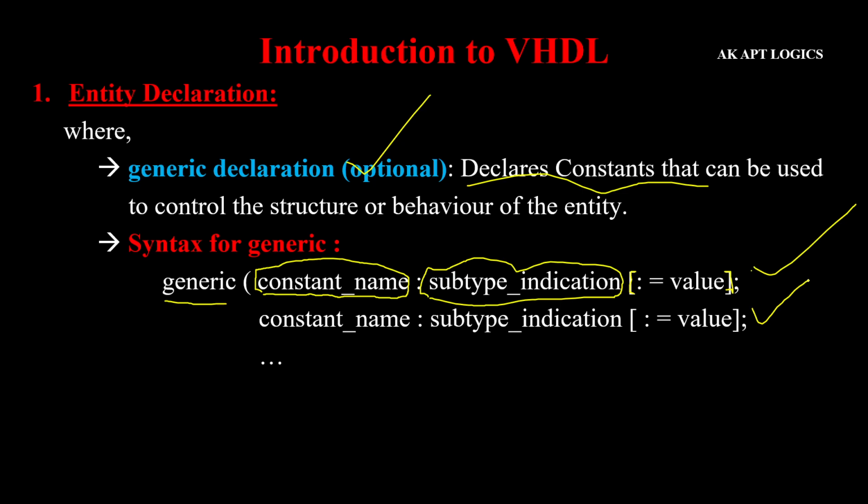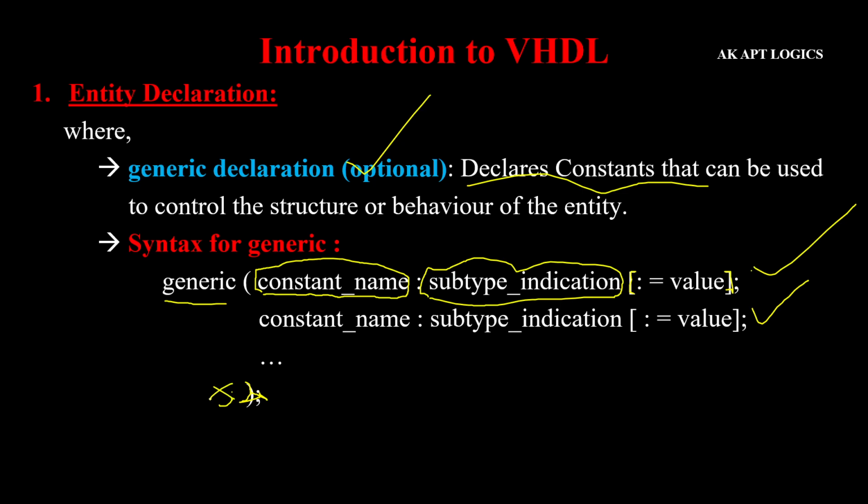You can write n number of constants if available. In the last one, you should keep the closing parenthesis and then the semicolon. For the last constant, you shouldn't keep a semicolon inside.